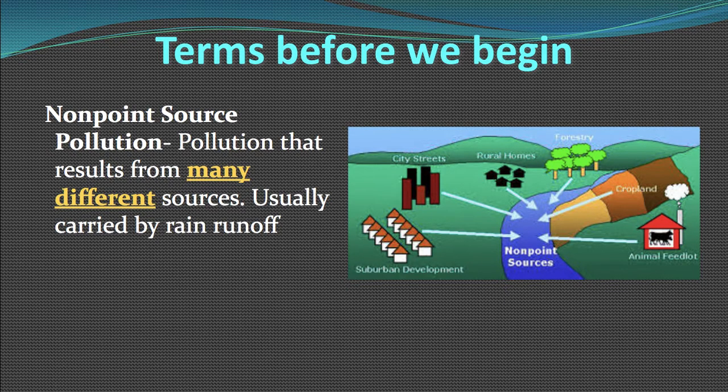This is pollution you can't tell where it comes from, so you can't point your finger and be like, it's that person's fault, because it comes from a whole bunch of different people. It is usually carried by rain runoff. It can come from farms, from neighborhoods, from cities, from forests, from wherever you keep livestock. All of that adds up into the river.